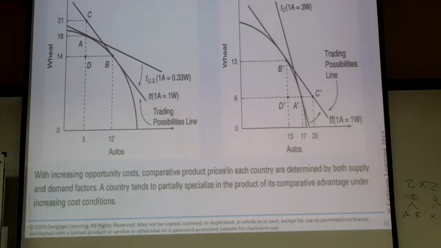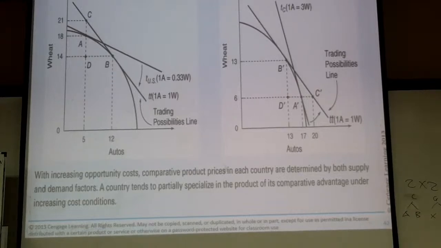Now, prices are determined by both supply and demand factors. Unlike the Ricardian model, 2 by 2 by 1, Smith and Ricardo, determined only by the supply side. Now, both sides, supply and demand factors. A country tends to partially specialize.